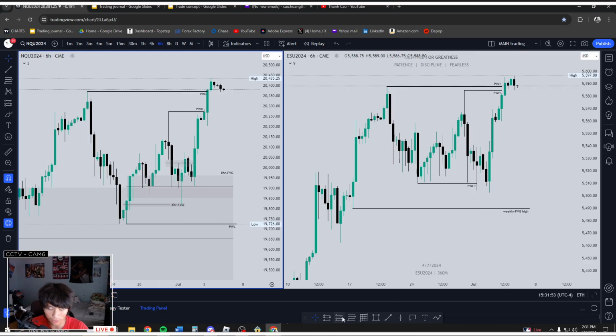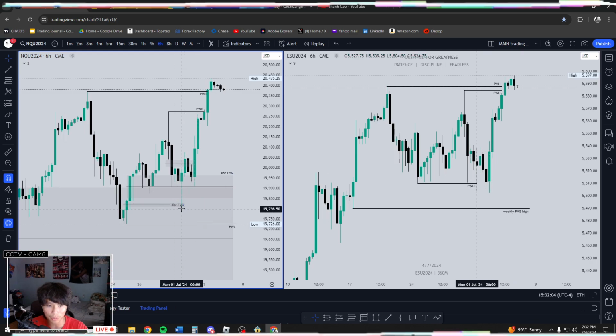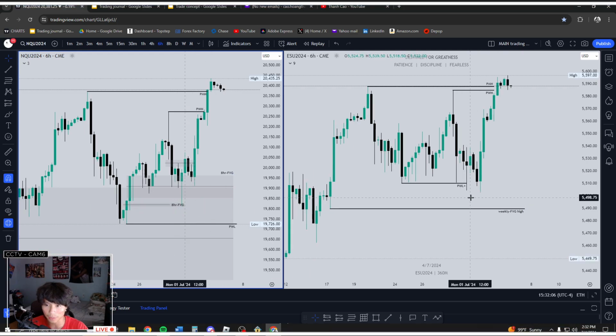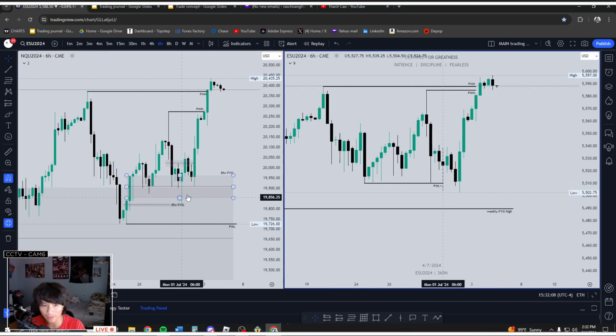So if you were to trade a long position, you would want to base it off of NQ, because NQ is relatively stronger, correct? We didn't sweep these lows. However, ES we did. This shows that there's strength in the Nasdaq and there's weakness in the ES.